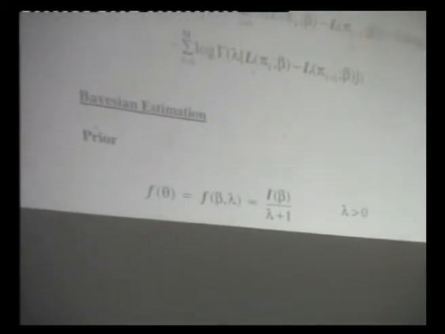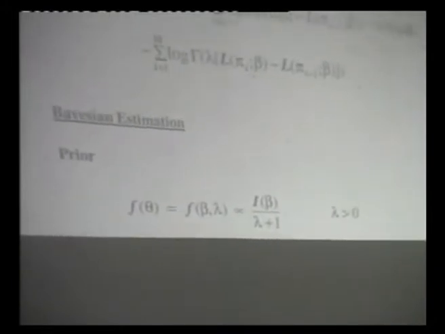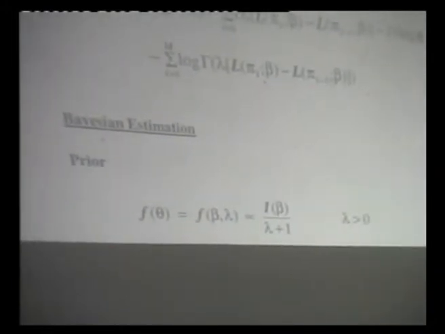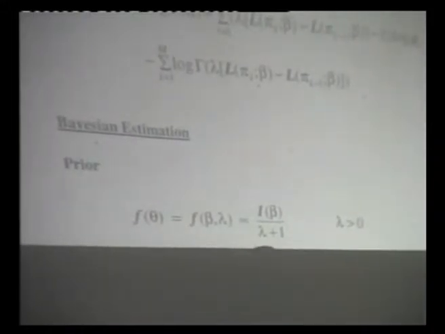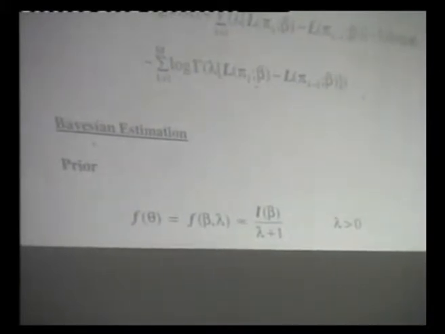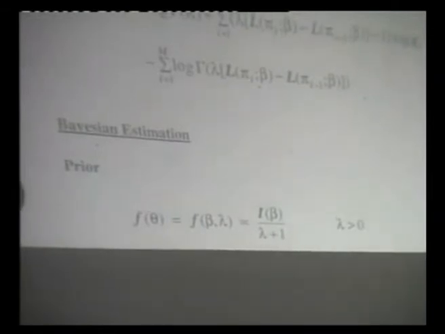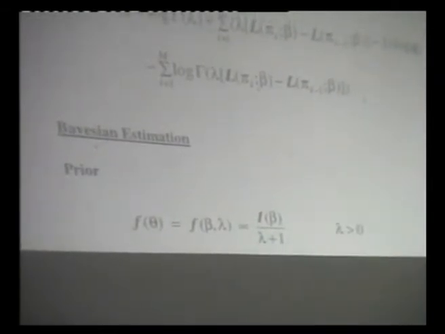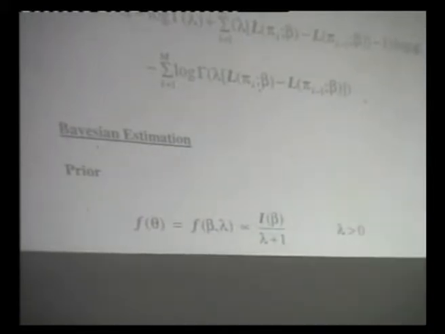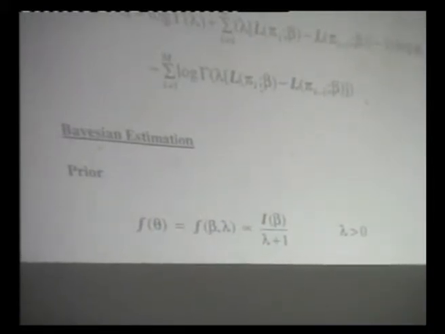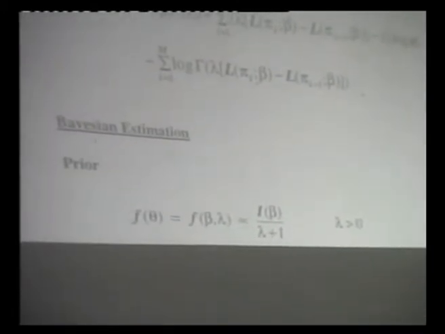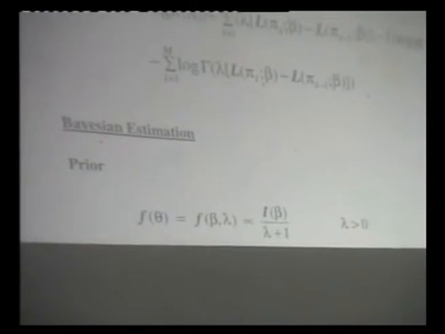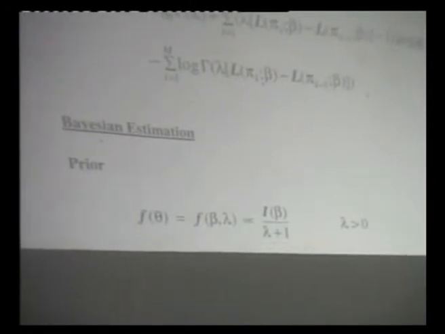For Bayesian estimation, again I used a non-informative prior, just proportional to 1 over this inverse variance parameter, or that plus 1. The plus 1 doesn't really make any difference because lambda is actually very, very big. But I used the plus 1 because it was lambda plus 1 in the denominator of the previous expressions.